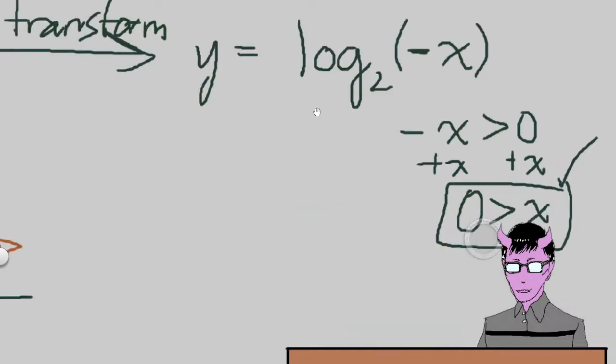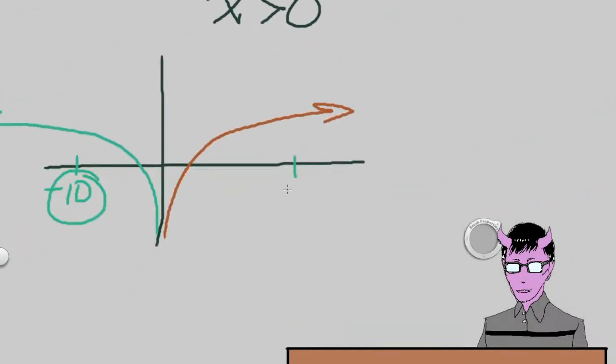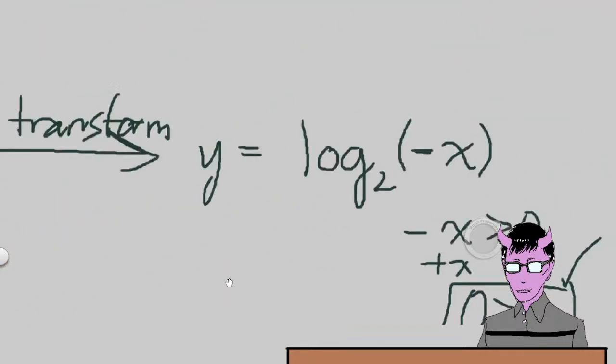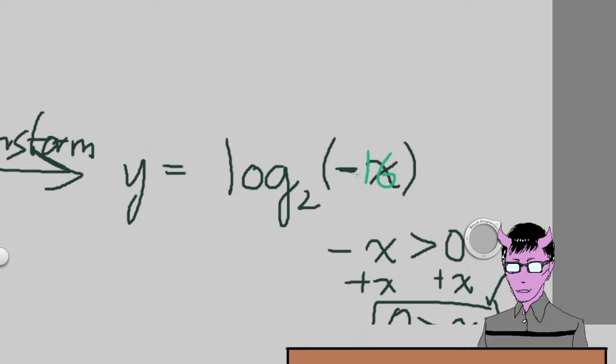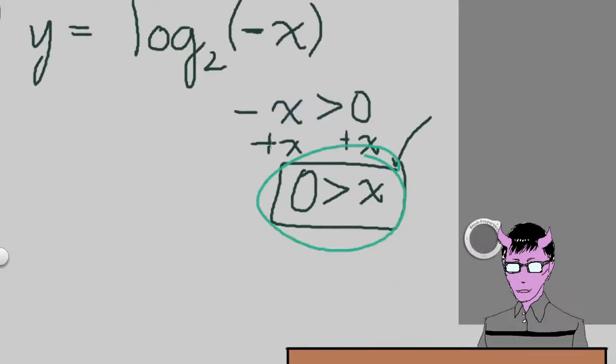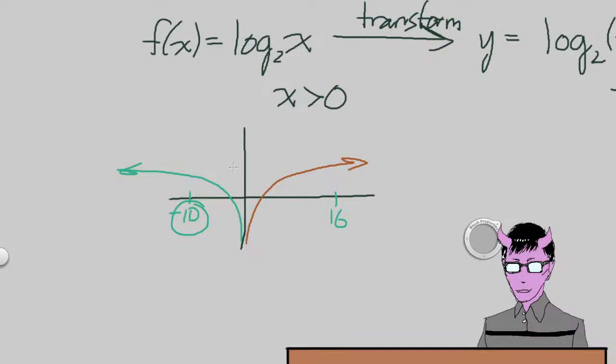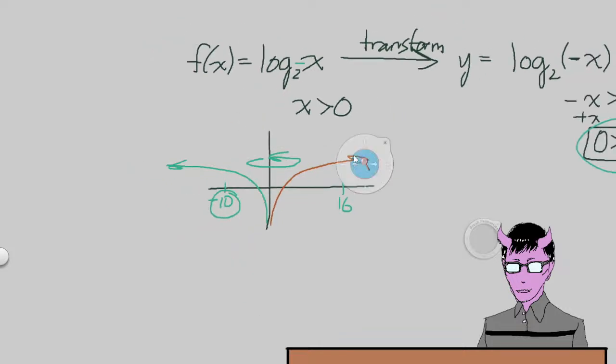But if you try to put in something like a positive 16, for example, it doesn't work anymore because now it's a negative 16, and log functions can't take in negative arguments as a whole. So that will fail. Summarized here. So all that did was, if you have a negative inside, it just reflects your graph across the vertical, if it's unshifted. All right.